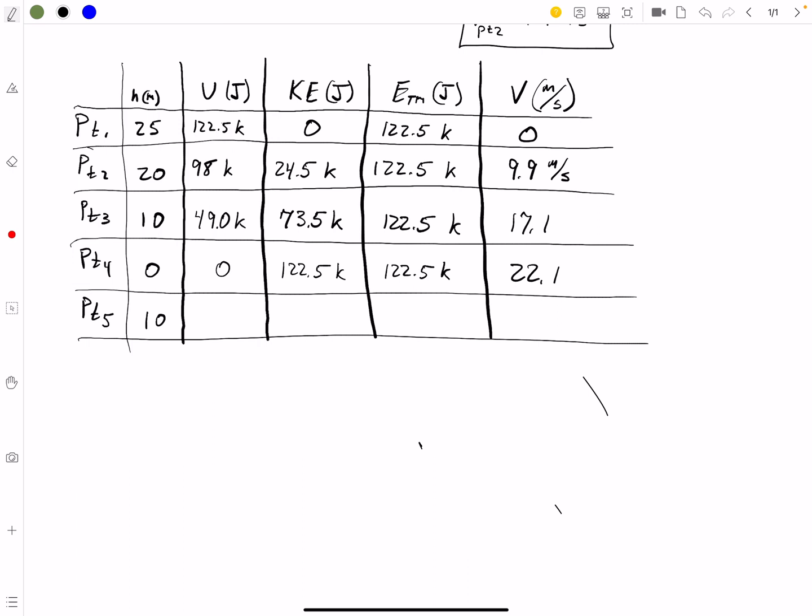The last one, of course, we're going to end up with the exact same thing that we had at point 3. So this one's easy to fill in. And our speed will be the same.